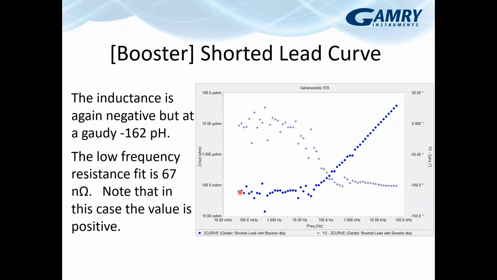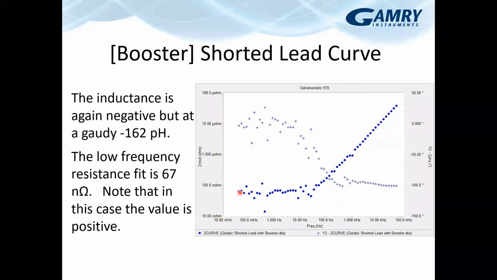If you actually take a chunk of metal and make distinct connections for the sense leads and the current leads, you can measure a resistance through that.